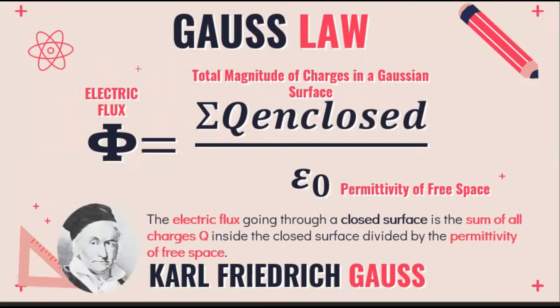So, when we are going to calculate the total magnitude or the total density of electric flux that penetrates a Gaussian surface, which is also known as closed surface, we need to find the summation of all charges and divide it with the value of permittivity of free space. Okay?